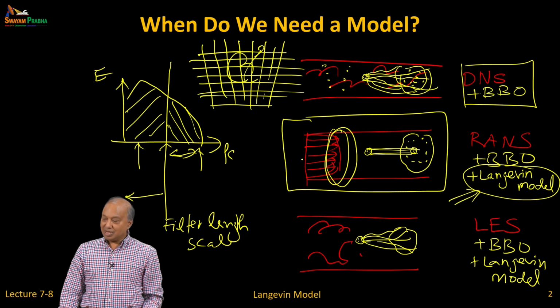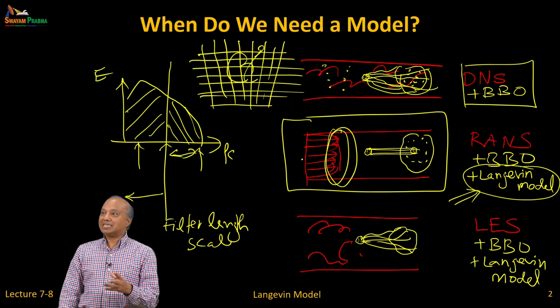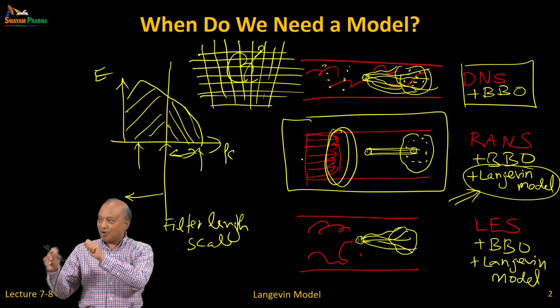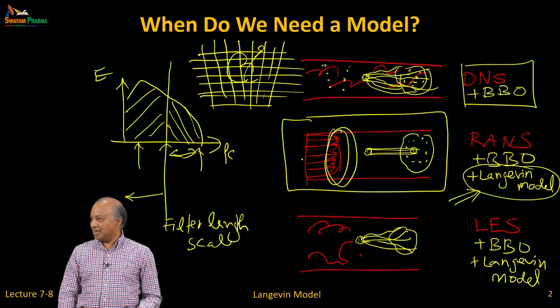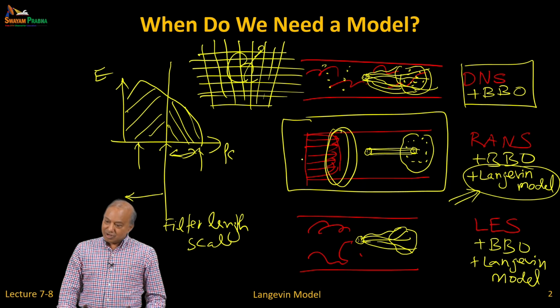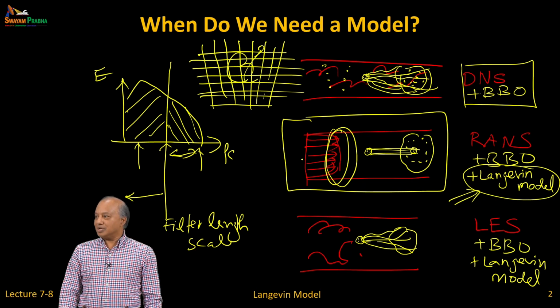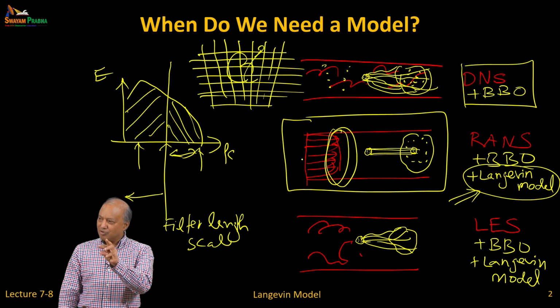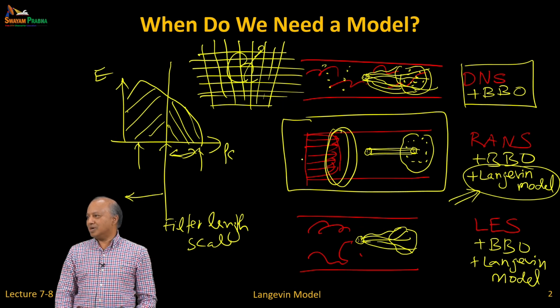So the Langevin model will create synthetic turbulence and move particles, giving a jiggling. And in LES, it's a 3D time dependent simulation, but there are tiny eddies which are smaller than your grid. They are there, they are moving particles, but their effect you did not compute.